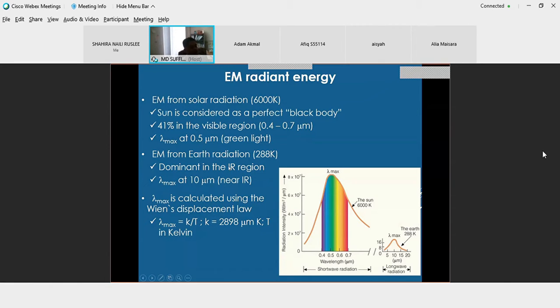So kalau Earth dia juga black body, tetapi dia akan emit dekat dengan green wavelength ataupun visible wavelength, according to the Wien displacement law. So itu yang you belajar dalam khusus ocean, atmosphere and climate.